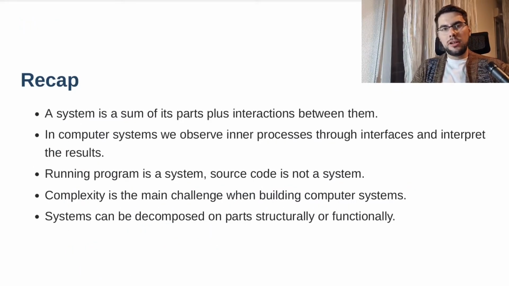In the previous part, we learned what systems and computer systems are. We learned that the source code is not a system because it is not active, but a running program is a part of a hybrid system incorporating hardware and software parts. We learned that systems can be decomposed into parts structurally or functionally.